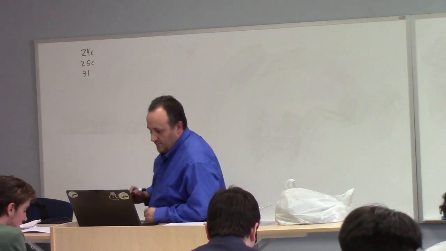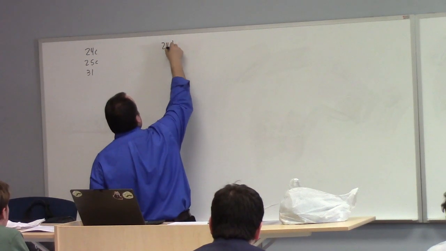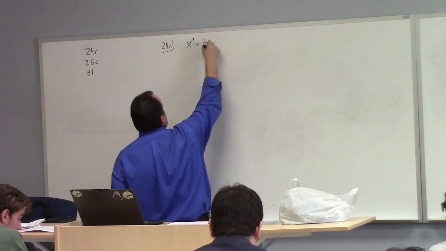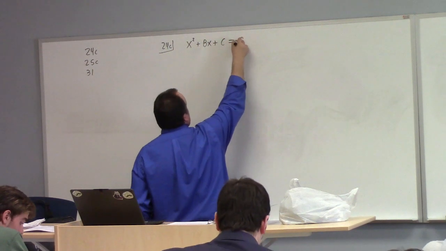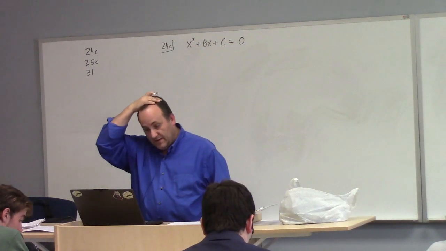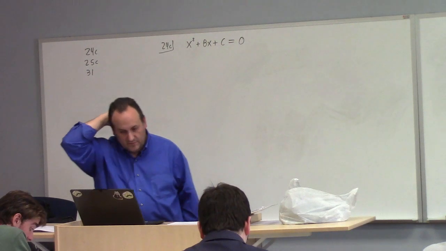So you're looking at x squared plus bx plus c equals 0. Your goal is to find real values for b and c so that this equation has the solution.